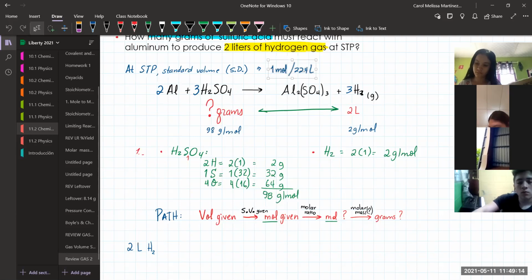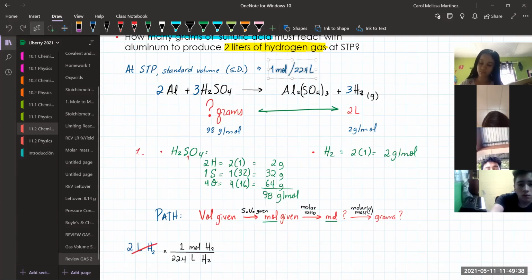So my standard volume has moles and liters. I need to write my liters down and my moles are gonna be up. Okay? So in 1 mole of my substance, that in this case is hydrogen, I have 22.4 liters of hydrogen gas, which allows me to cancel liters with liters.